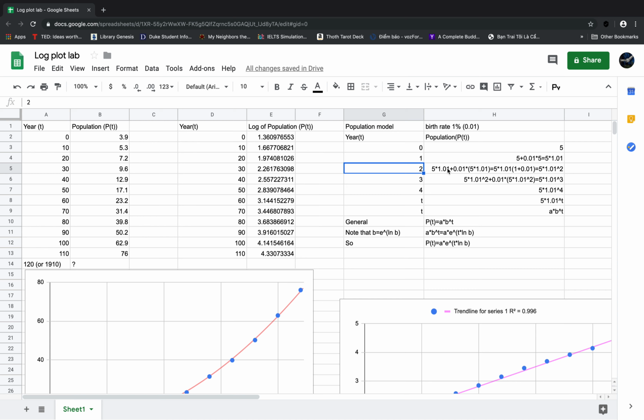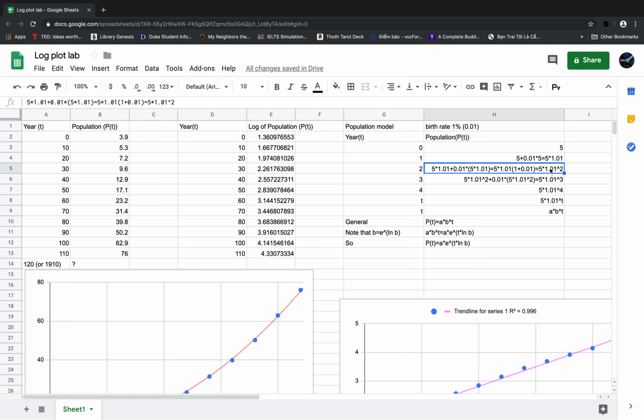And after the second year, we will have 1% more than that. So which is 5 multiplied by 1.01, which is at the beginning of the second year, plus 1% of that amount, 0.01 multiplied by 5 multiplied by 1.01, and the result is 5 multiplied by 1.01 squared.